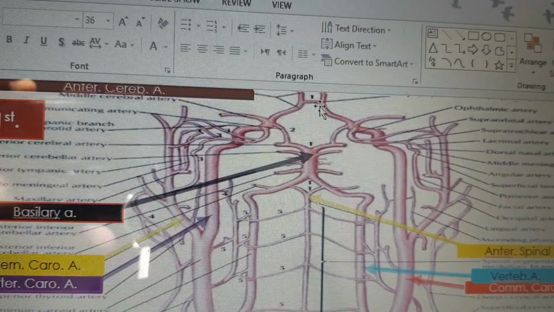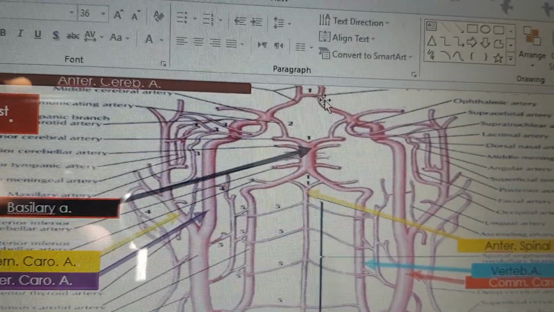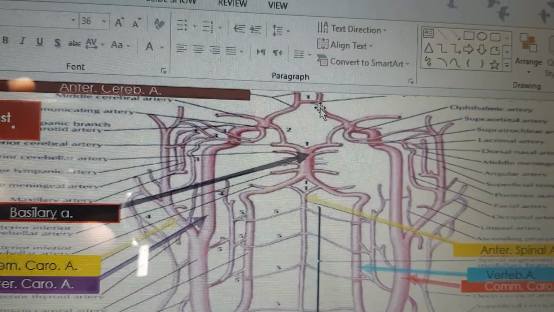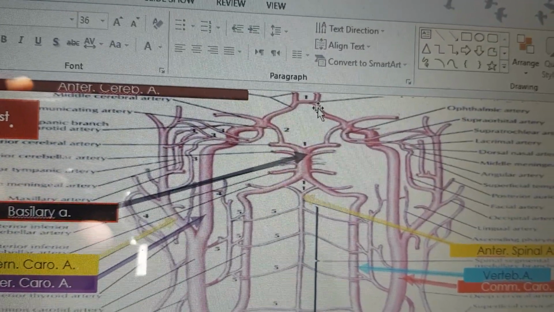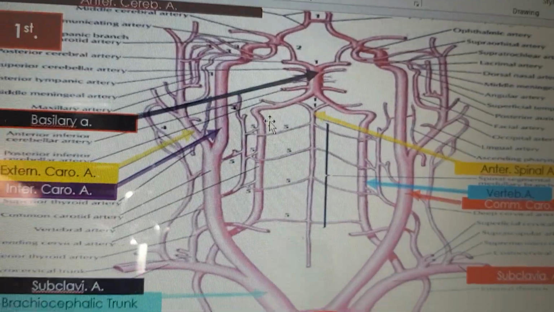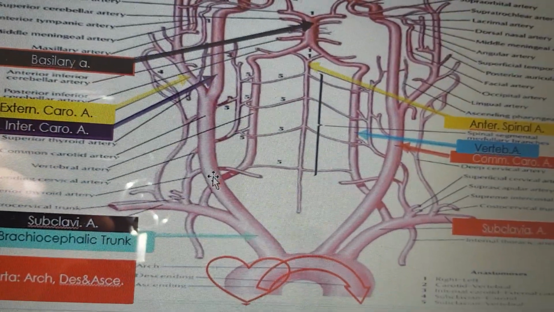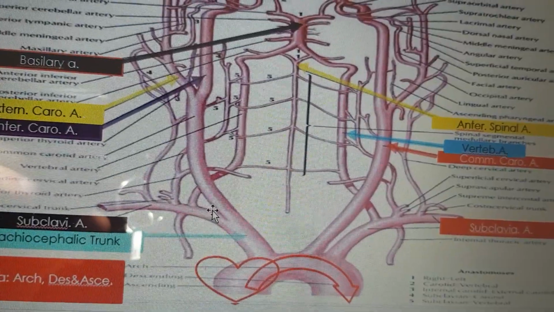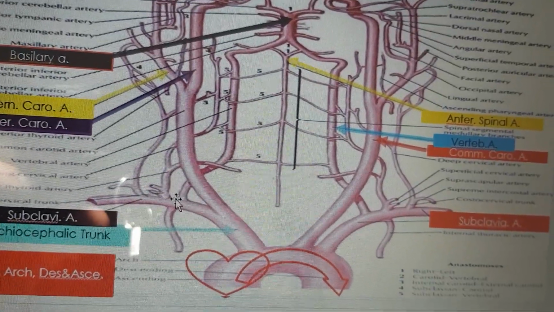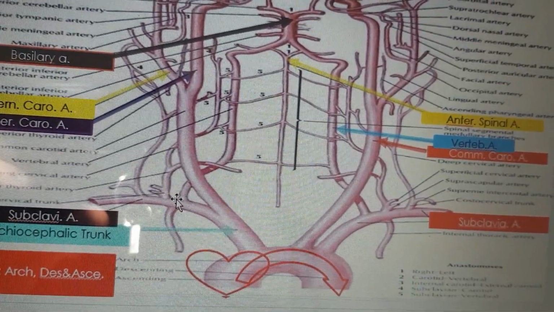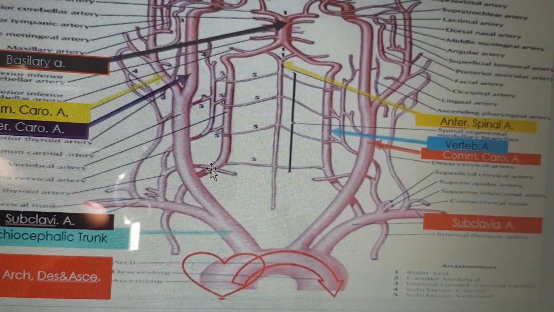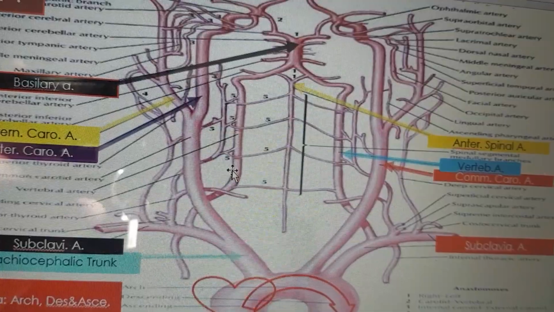This is a communicating branch between the left and the right anterior cerebral arteries. We are going to go now to this branch, which is the subclavian artery. The subclavian artery, among the branches which it gives, it is giving this branch which ascends.